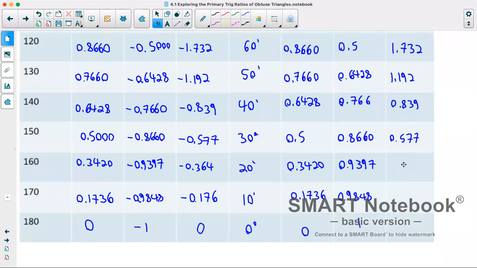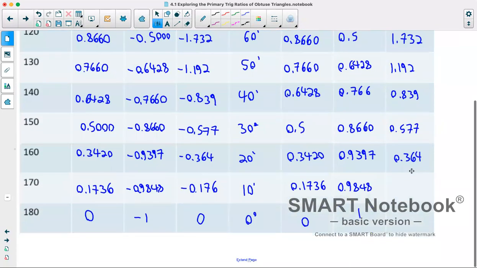Tan of 20 is 0.364. Tan of 10 is 0.176. And tan of 0 is 0. So you'll notice that once again, we have the same values here as we had here, just opposite sign.